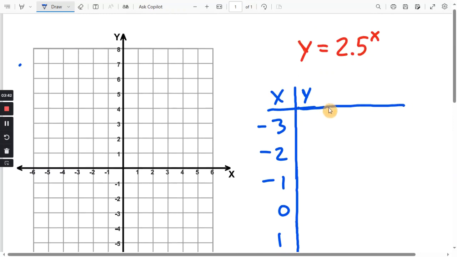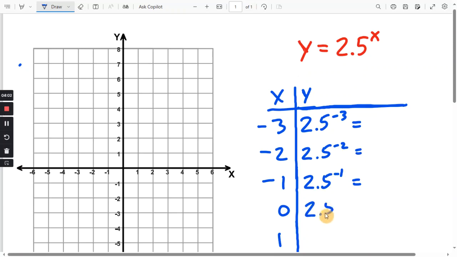Okay, so you're going to need a calculator. All right, so in this case, it's going to be 2.5 to the -3, and 2.5 to the -2, 2.5 to the -1, and of course we know 2.5 to the 0 because it's to the power of 0.